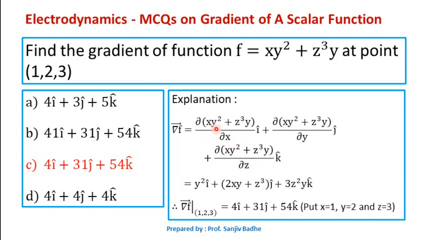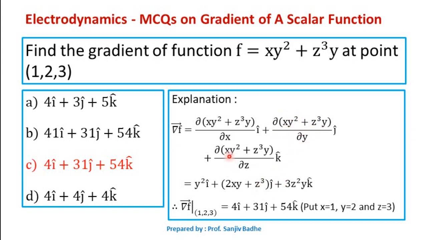When you differentiate xy square plus z cube y with respect to x, y and z will be treated as constants and the differentiation will result in y square. When you differentiate xy square plus z cube y with respect to y, then x and z will be treated as constants and result will be 2xy plus z cube.